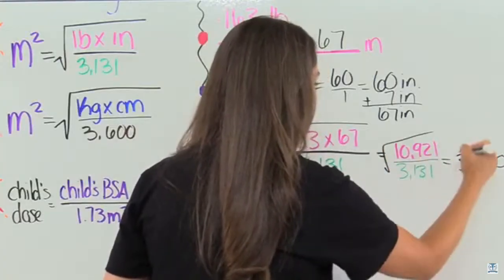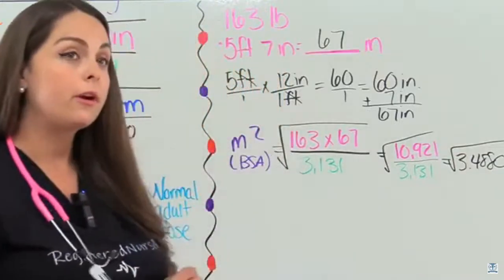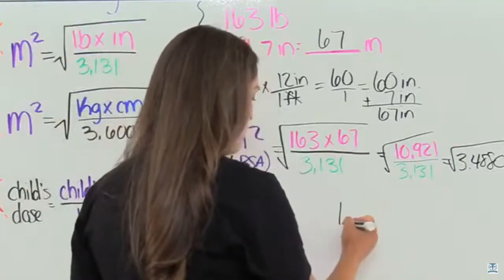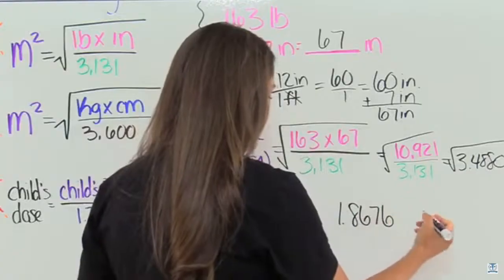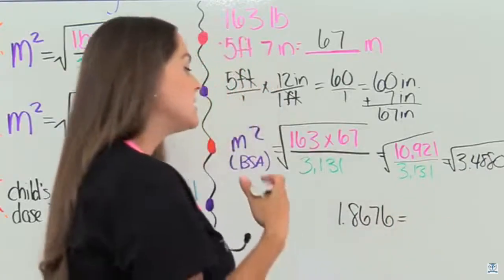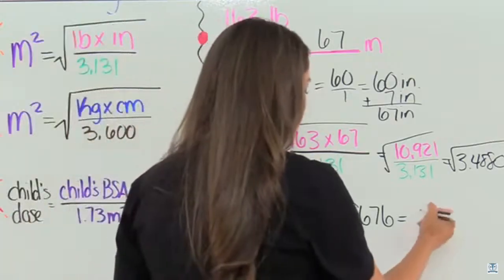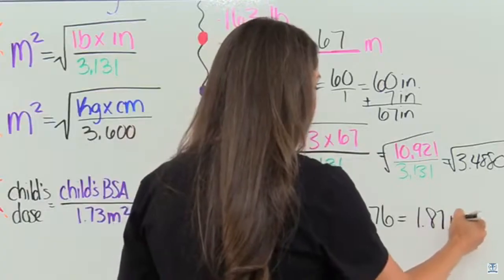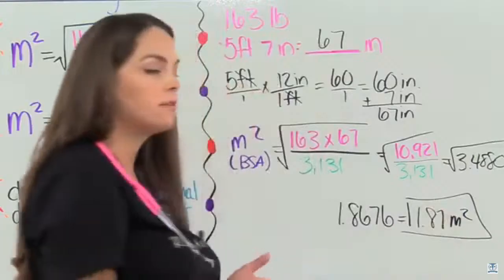We still need to figure out the square root. The square root of 3.4880 is 1.8676. Now we're going to round to the nearest hundredth, and again, follow your program's rules for that. So you get 1.87 square meters, and that is the patient's body surface area.